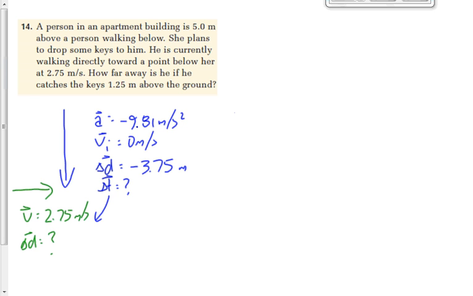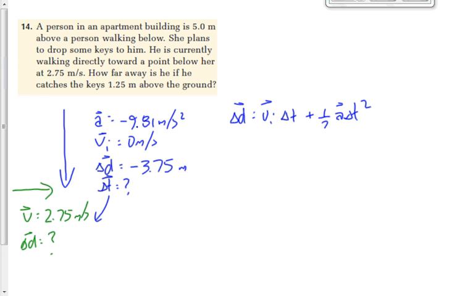Let's say for the fall of the keys, d is equal to v_i t plus 1/2 a t squared. And listen, if you don't see this strategy when you first start this question, that's okay. You don't have to know exactly how you're going to solve a problem when you start. If you're not sure where you're going with this, just do something that is valid.